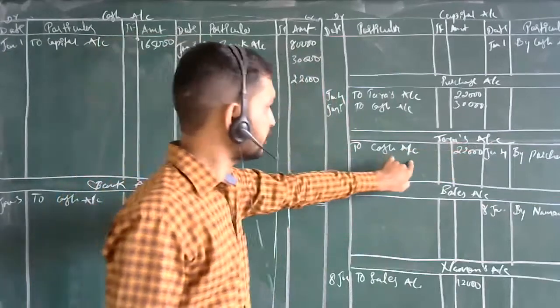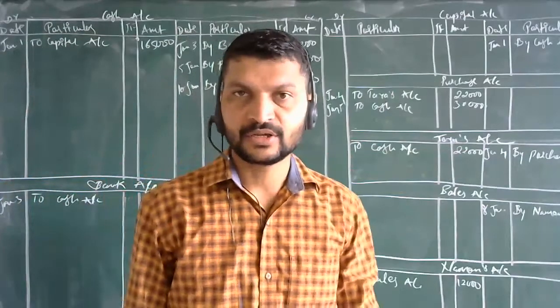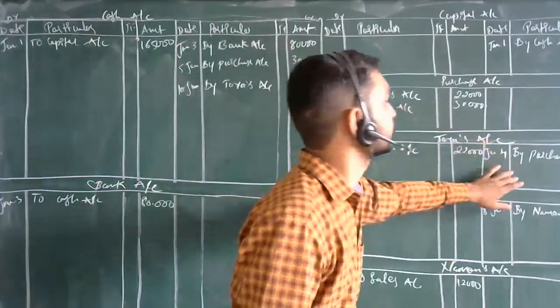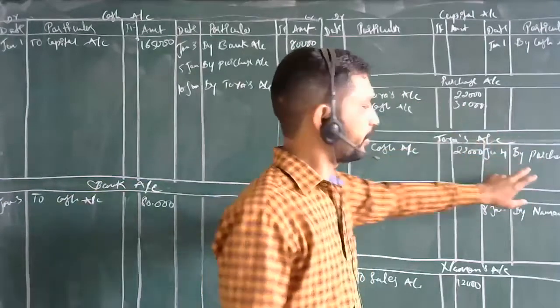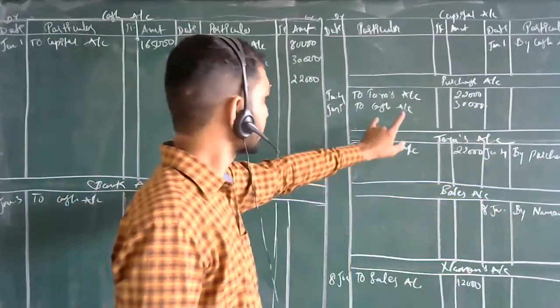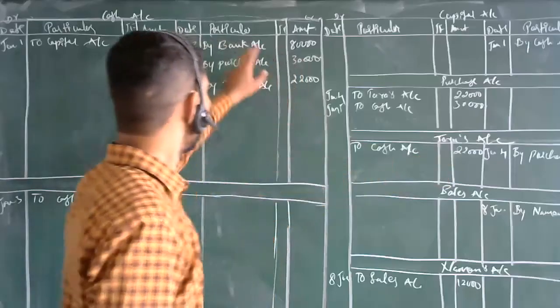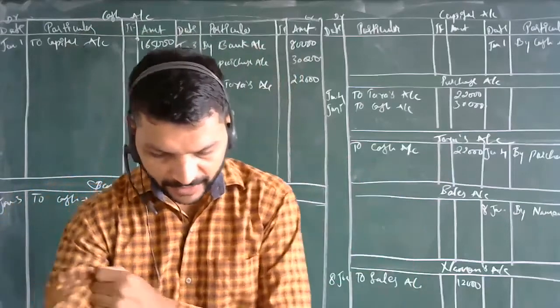Tara's account debtor to cash account. You are paying the cash for the previous purchases. So when you are paying in cash, Tara's account is debited and cash account is credited. That's it. The two accounts got affected there.